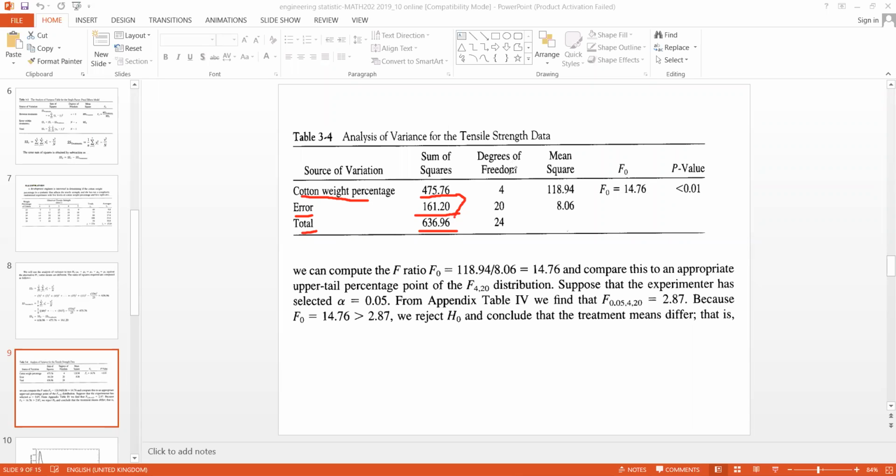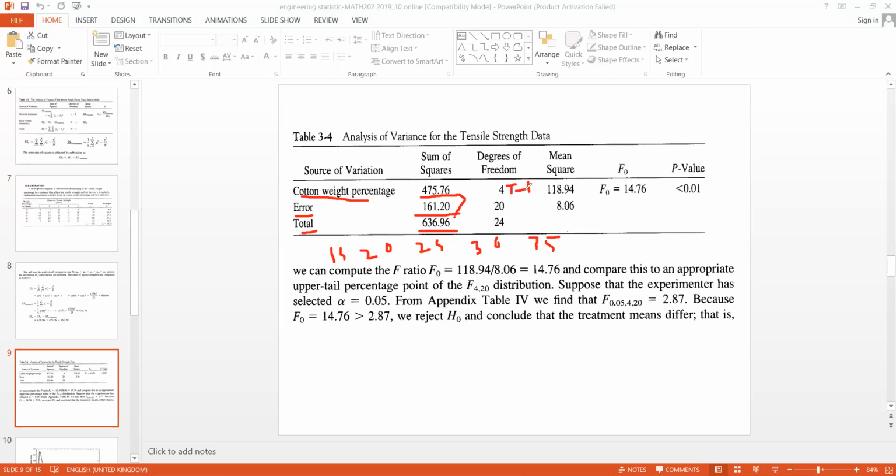Then the degrees of freedom, we said we have T minus 1. The number of treatments were 5: 15%, 20%, 25%, 30%, and then 35%. So there were 5 treatments in all, right?